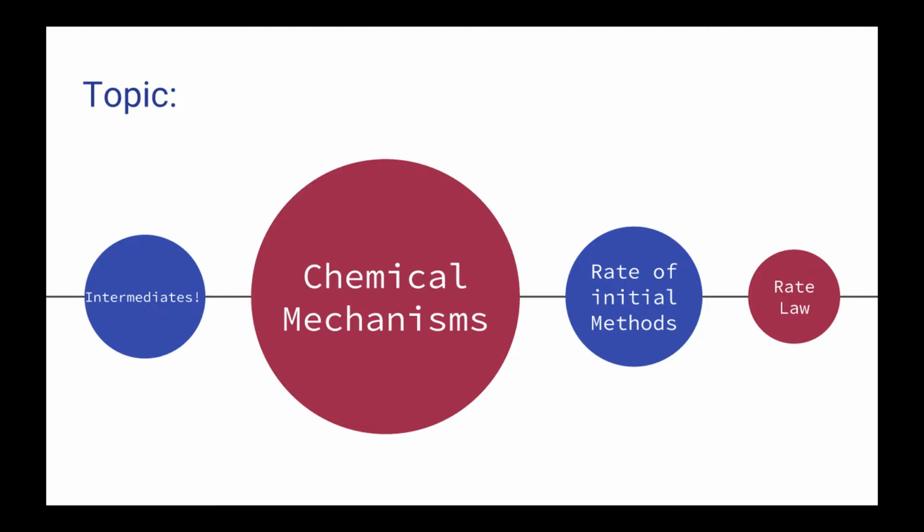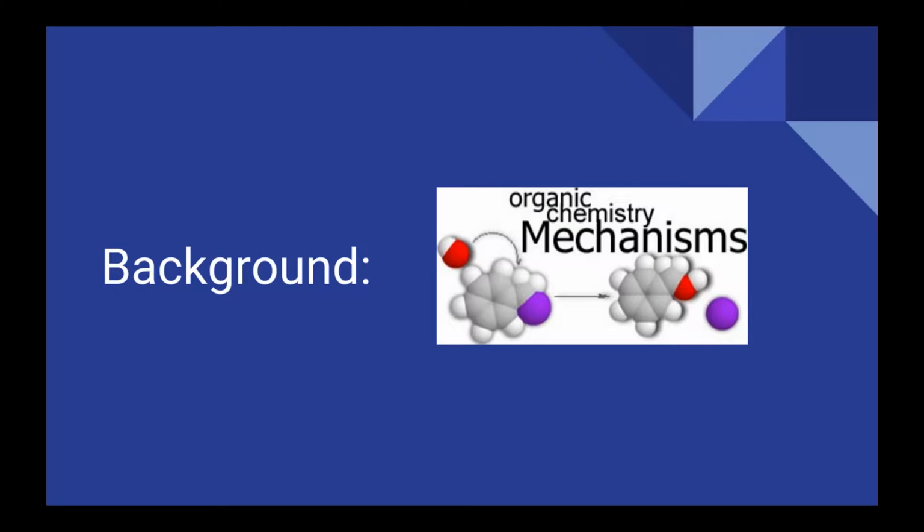The topic I chose for my e-portfolio project is reaction mechanisms. A little bit of background behind a reaction mechanism is that a reaction mechanism is a process in which the chemical reactions occur.